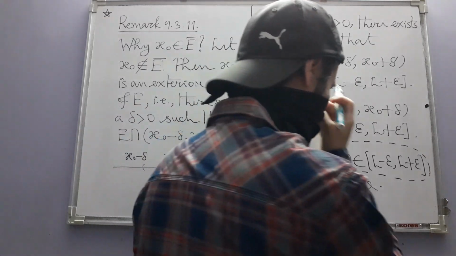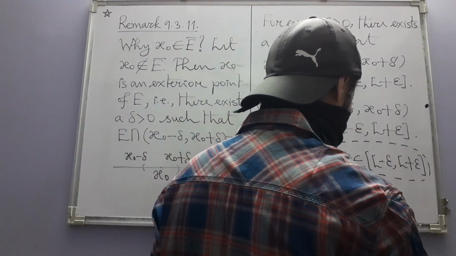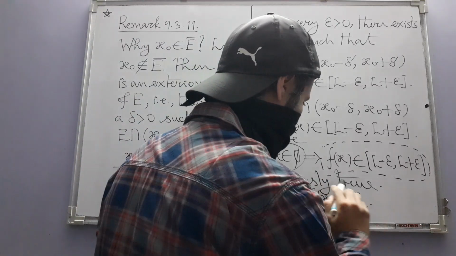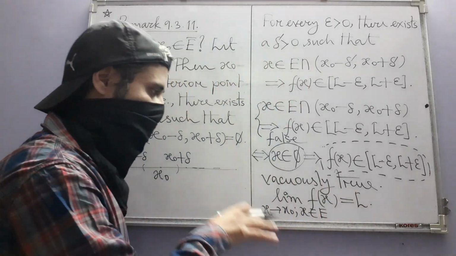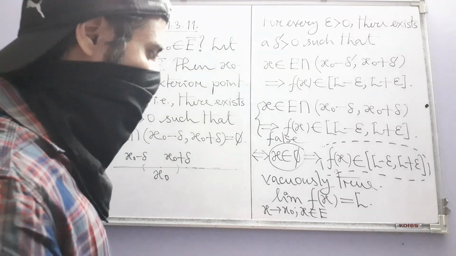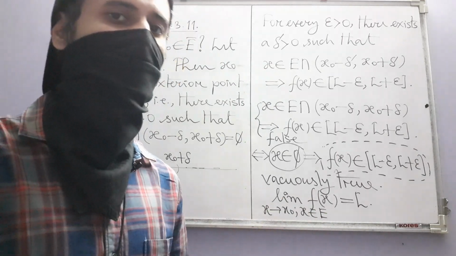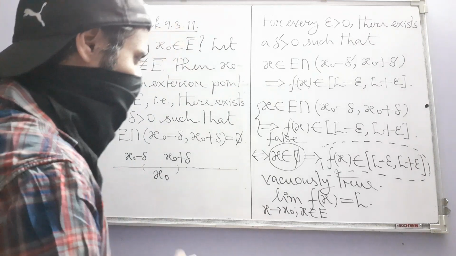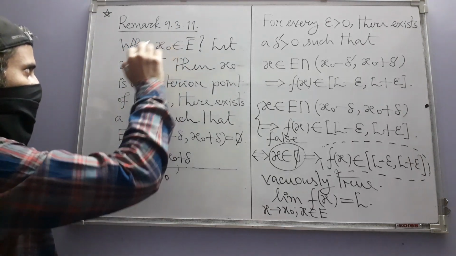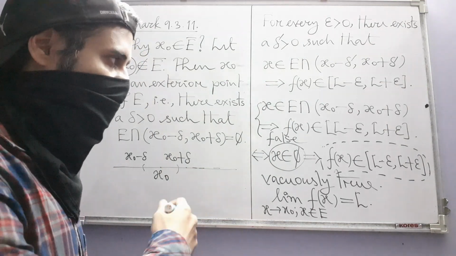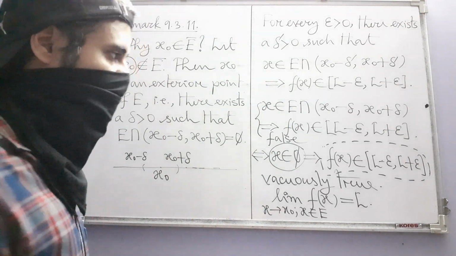So in place of this L, you can choose just about anything. Any real number in our present situation will be a limit of this f of x. So the limit loses meaning at all. That's why we do not take exterior points and consider limits at those points.